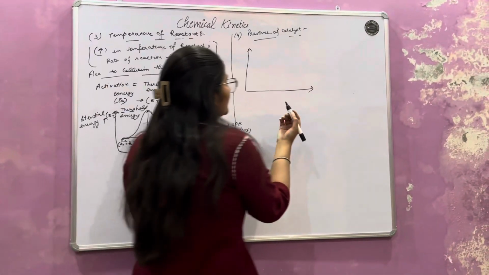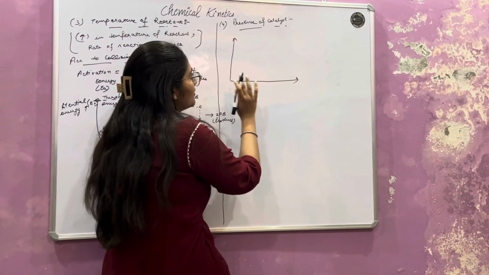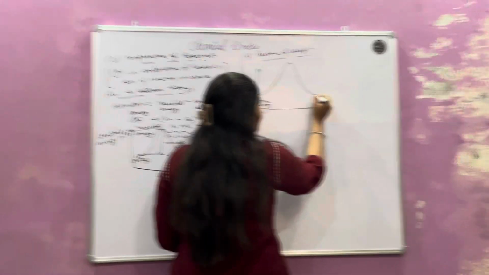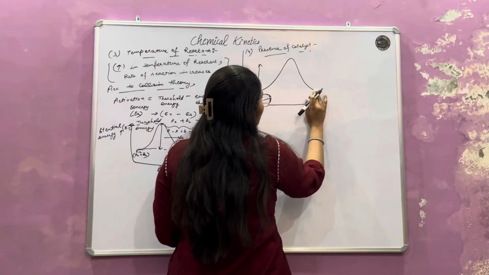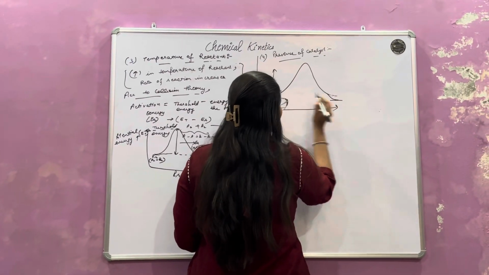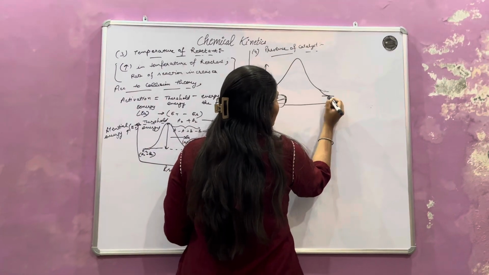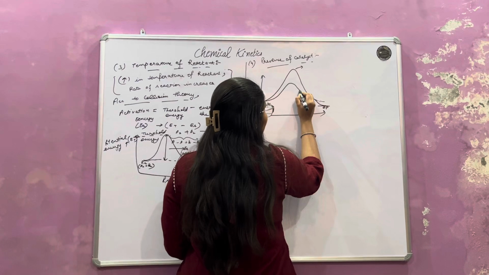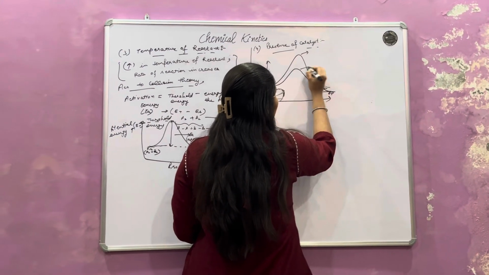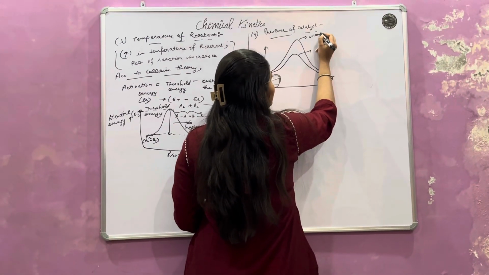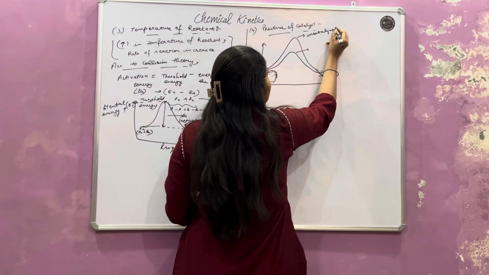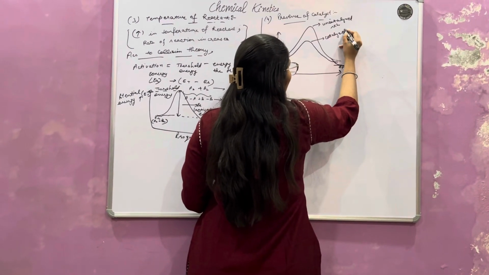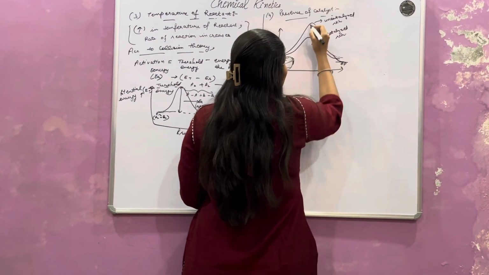And how do we represent this? In the absence of catalyst, the activation energy is this, EP, or in the presence of catalyst, like this. This is the uncatalyzed reaction, and this is the catalyzed reaction.